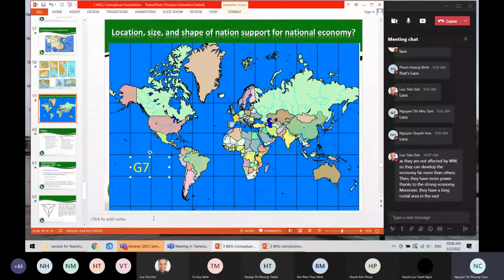Why can the United States create new weapons and sell them?